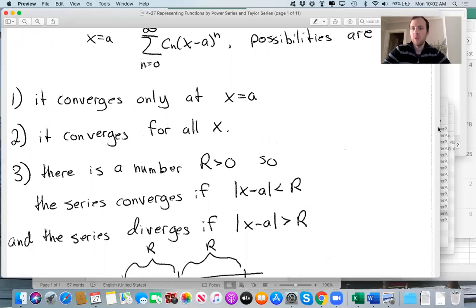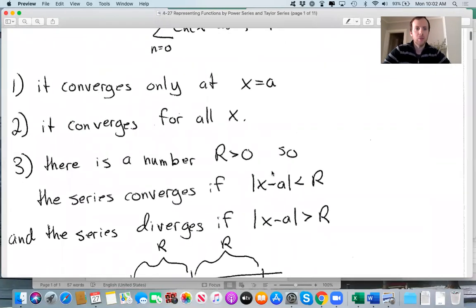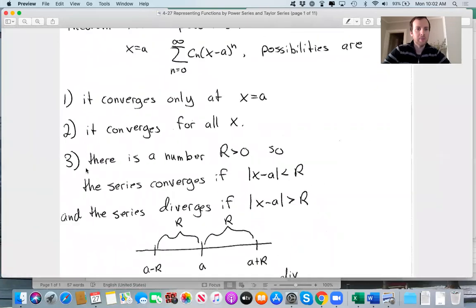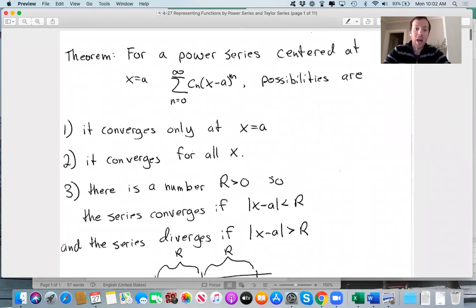So, what we've been talking about for, I guess, the last few classes is power series. So, a power series centered at a is a series where you have some coefficients.